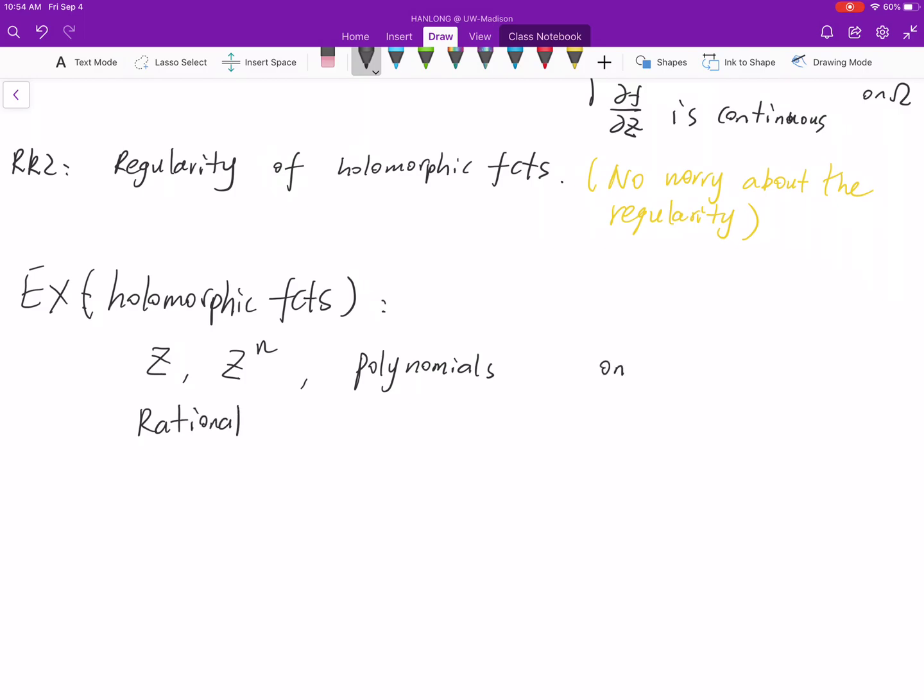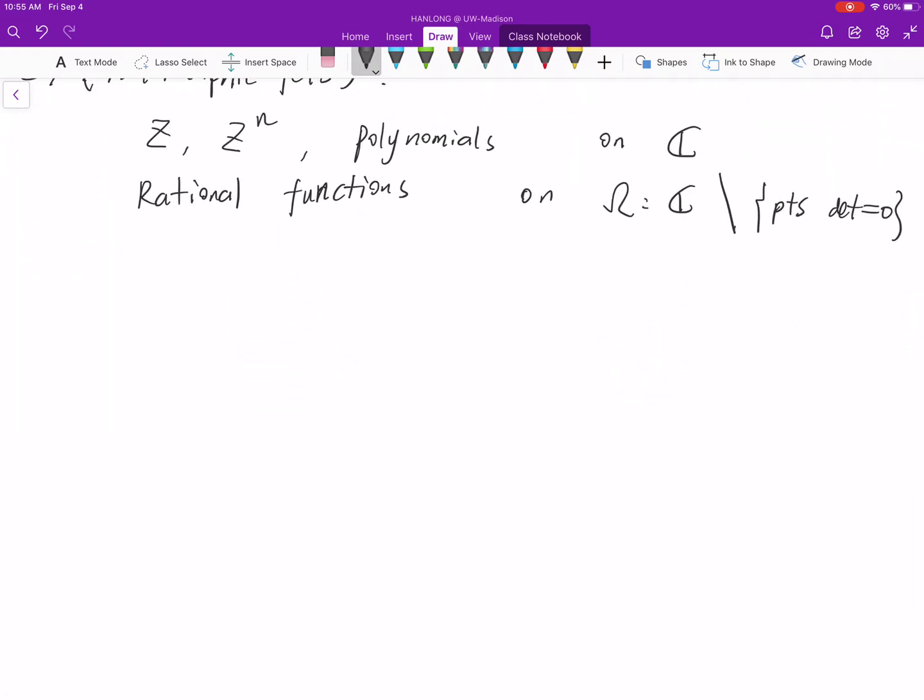Those are holomorphic on the whole complex plane. And rational functions are holomorphic on the complex plane, excluding the points where the denominator equals 0. For example, (z plus 1) over (z minus 1) is holomorphic on C minus {1}.